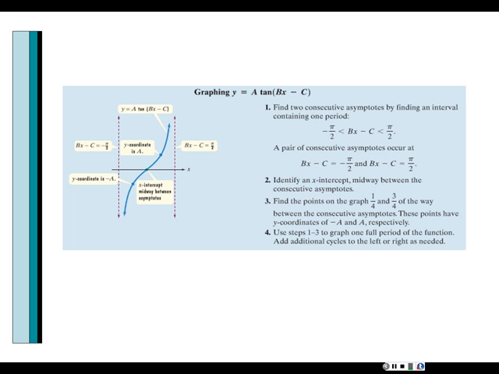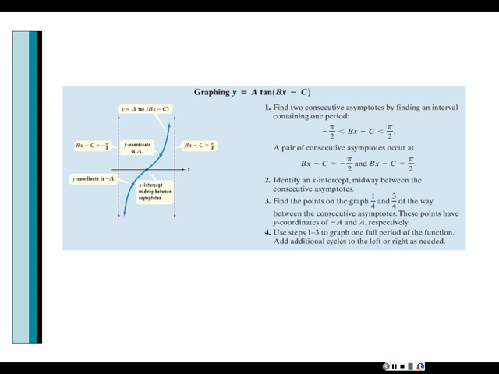And for bx minus c equals to pi by 2, we again solved for x. We got another value of x. Now then we said these are the 2 asymptotes, because for these 2 points of x, your y is undefined.